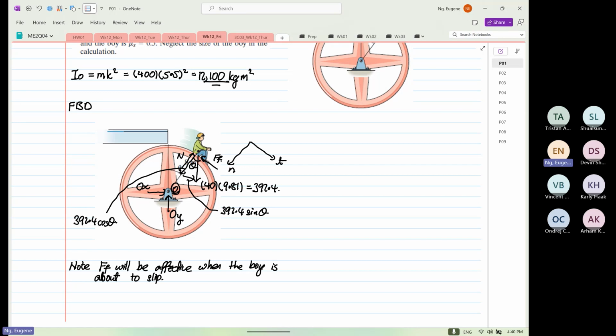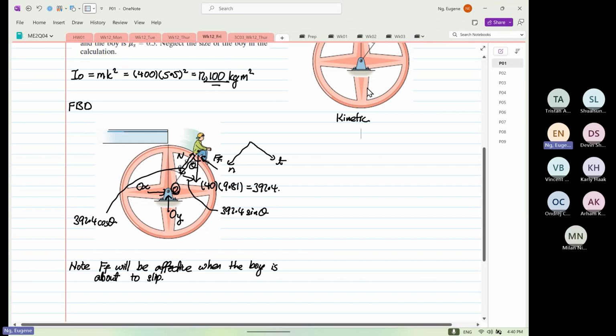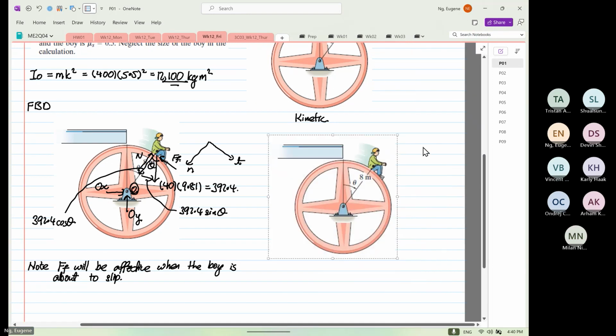Then from here, we have nothing else to look at. Okay. Then we are going to again construct our kinetic diagrams. So when we construct the kinetic diagram, we know that this is rotating about an axis over here.